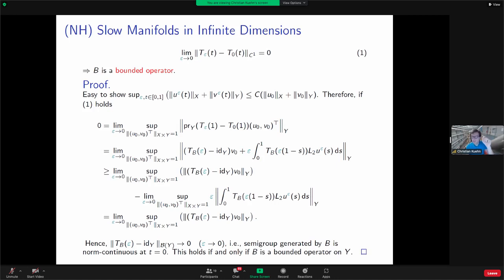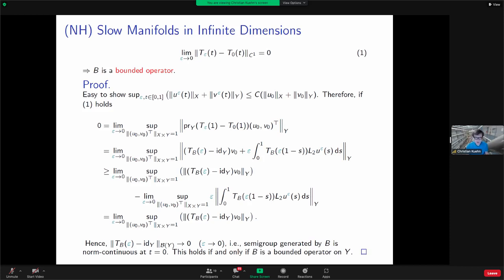So Y denotes the Banach space for the second component V, and X denotes the Banach space for the first component X. And you do a supremum estimate, and you let epsilon tend to 0, and you look at the ball, okay? And then you project onto the second component Y, and you look at the norm. If you write this all out, and you write the mild solution formulation, this is just the equality in the next line.